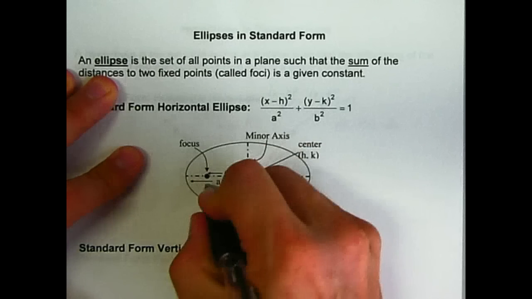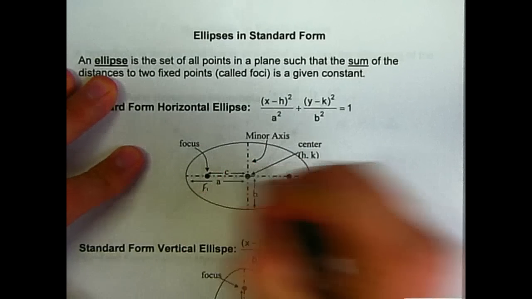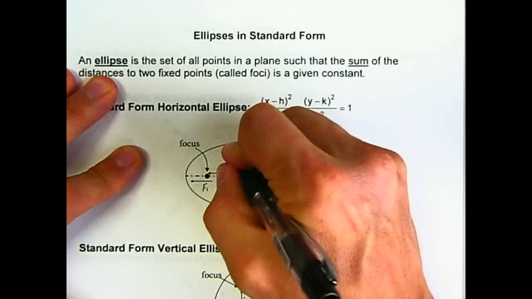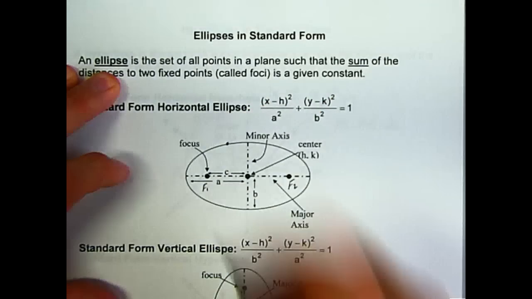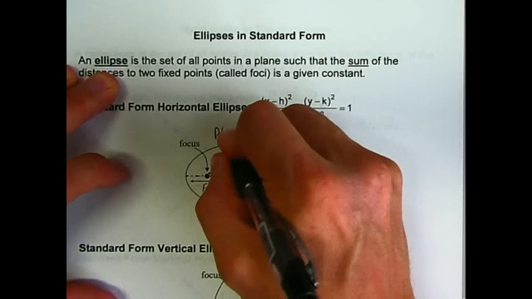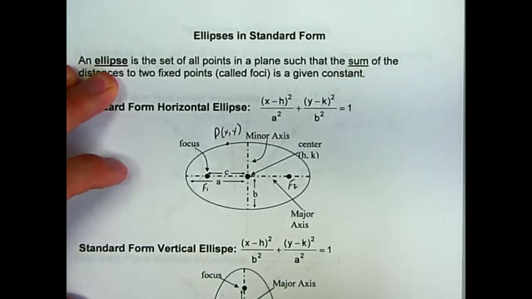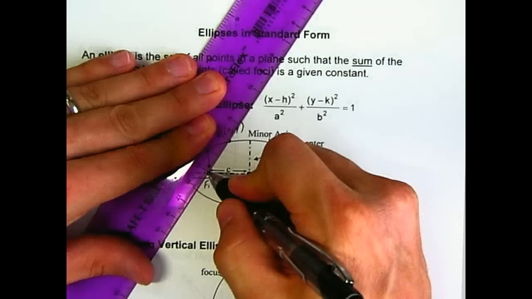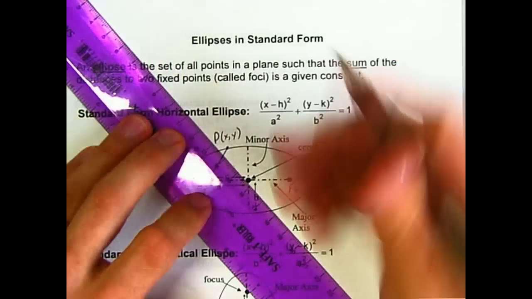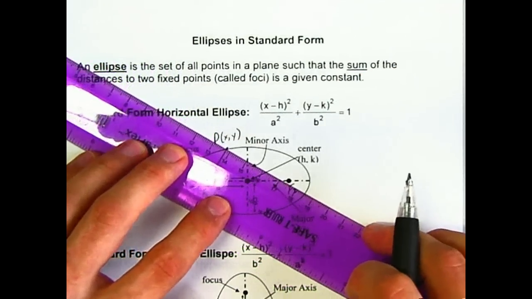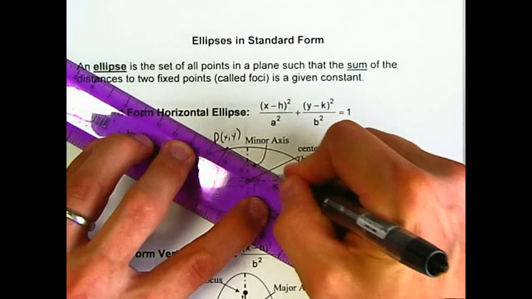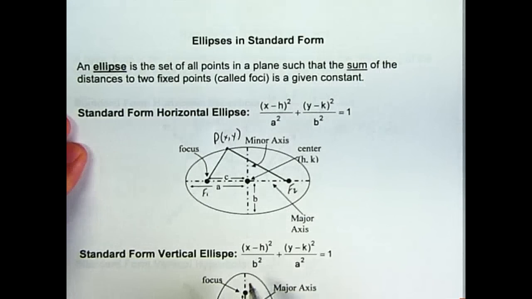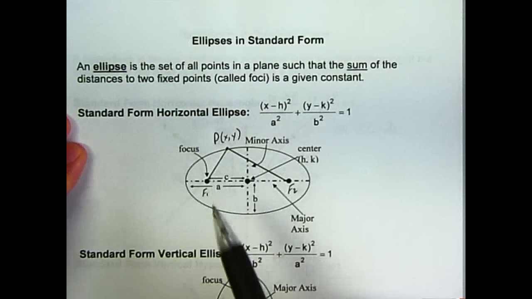the two distances, so here's focus 1 and focus 2, and we'll put a point out here someplace, it doesn't matter where. We'll call that point P, which has an x and a y. The distance between the first focus and the point, and the second focus and the point, these two add to give the same number no matter where we are on our ellipse.